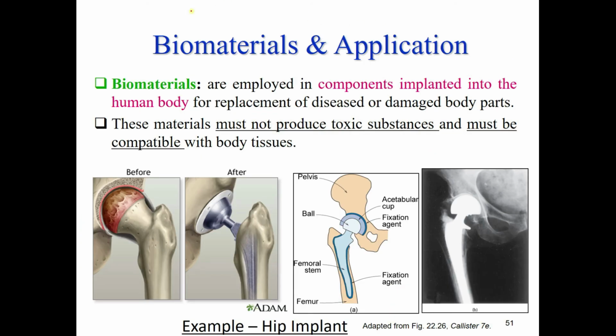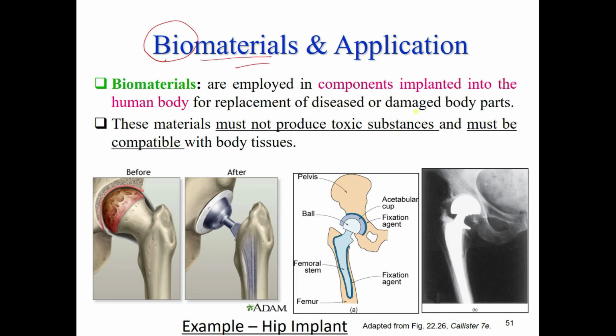Next we have biomaterial. We have bio from the word biology, and then we have material. Biomaterials are employed in components implanted into the human body for replacement of diseased or damaged body parts.